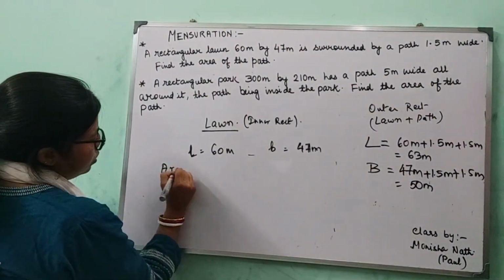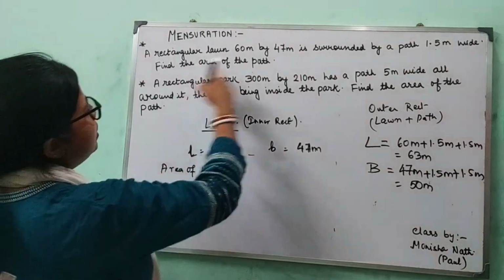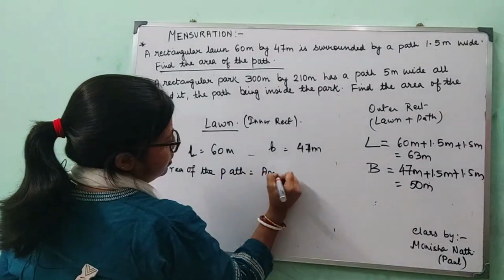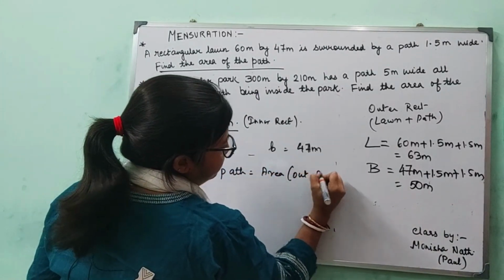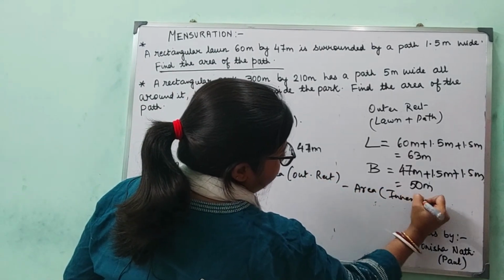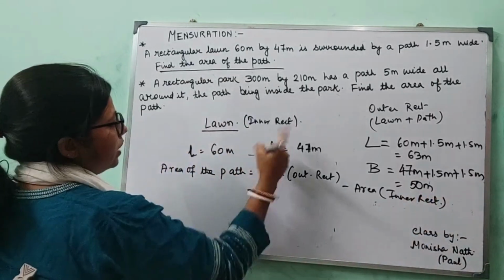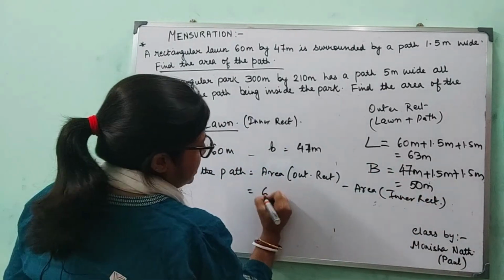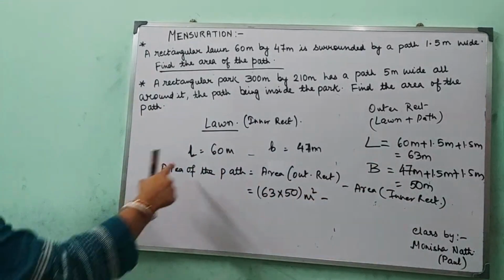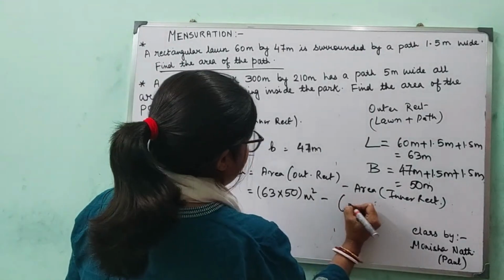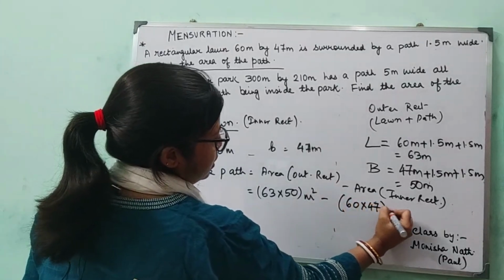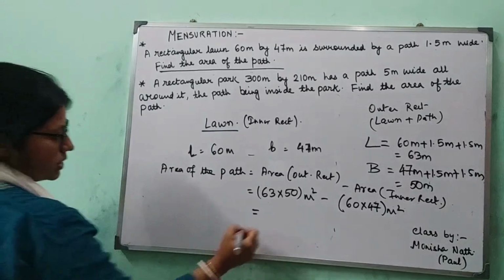So the area of the path we are finding is the area of the outer rectangle minus the area of the inner rectangle. The area of the outer rectangle is 63 into 50 meter square, minus the area of the inner rectangle, which is 60 into 47 meter square. Let's calculate this.